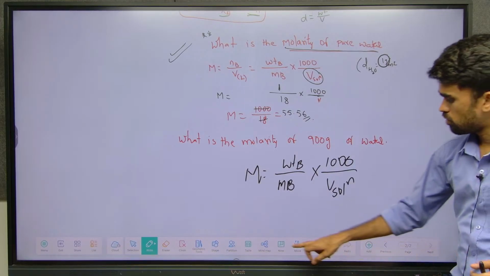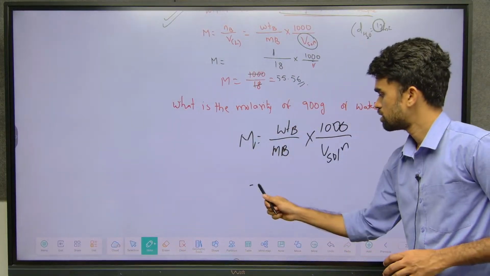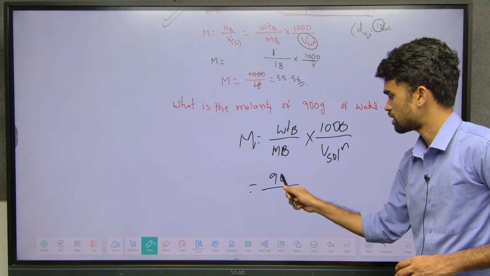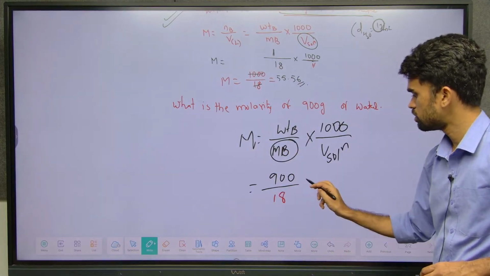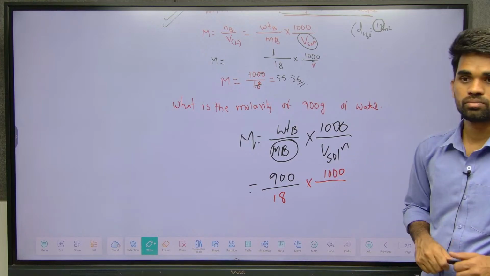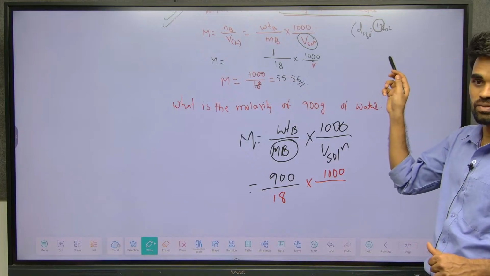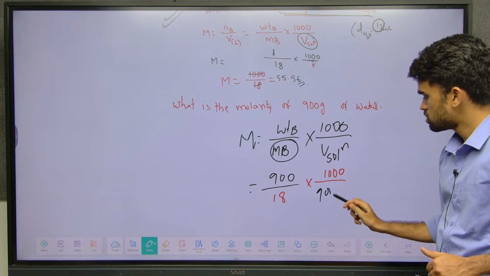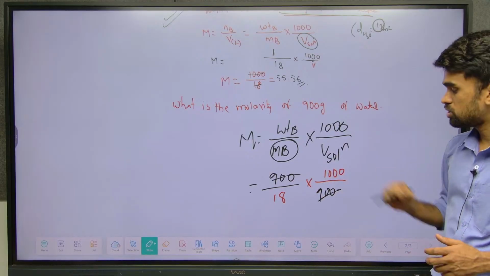Okay. So now what is the weight of solute given? 900. Okay, fine. What about 18 into 1000? Now what about solution volume? 900 only. Why 900? Because density is 1. Perfect. So now what is remaining? 1000 by 18.